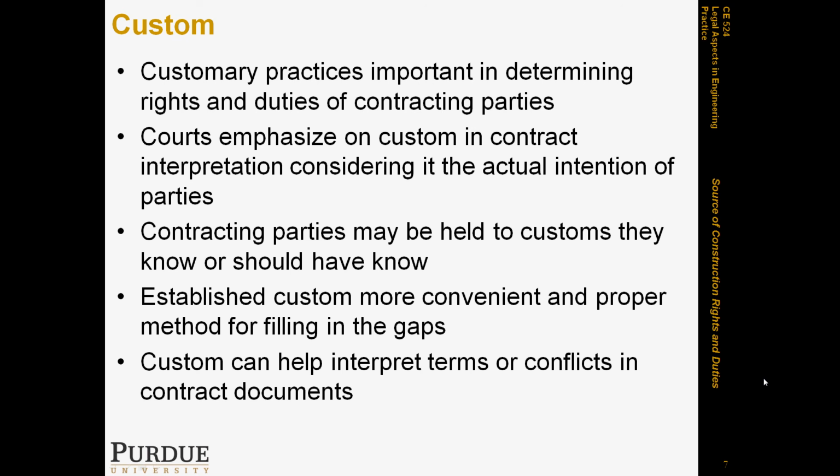Basically, this custom can help interpret the terms or conflicts in the document, and can help provide the possible real intention of the contracting parties. But in general, don't rely on it. Try to get as much as possible written into the contract itself, to avoid any potential trouble.